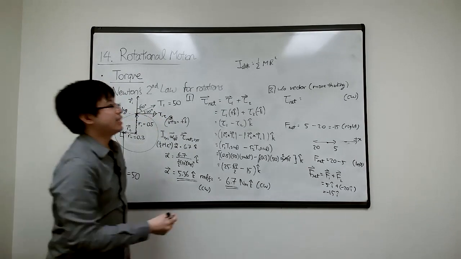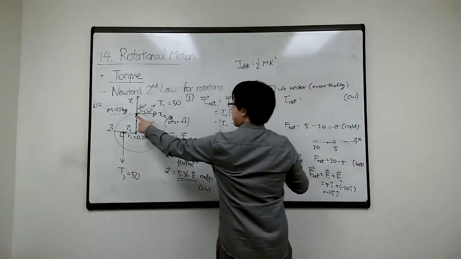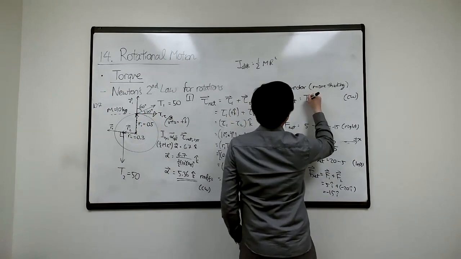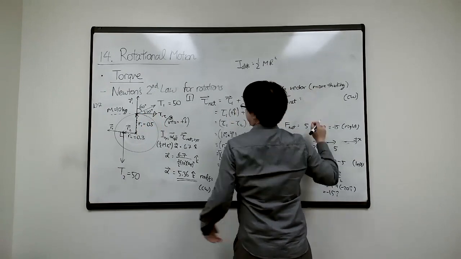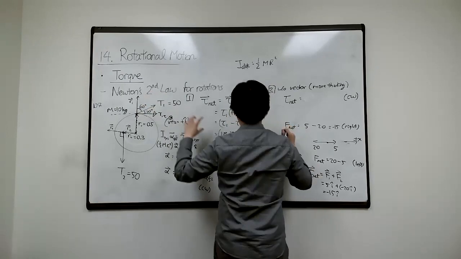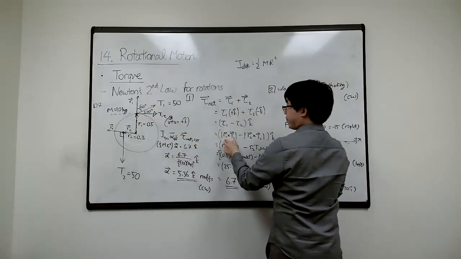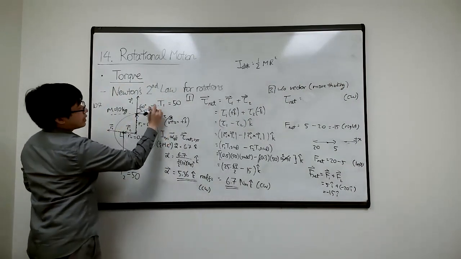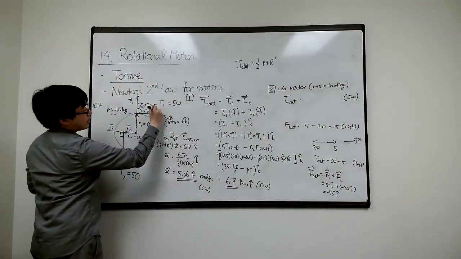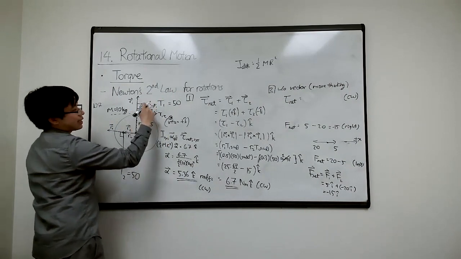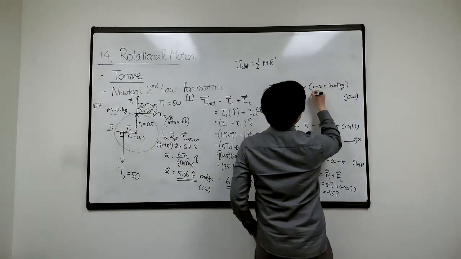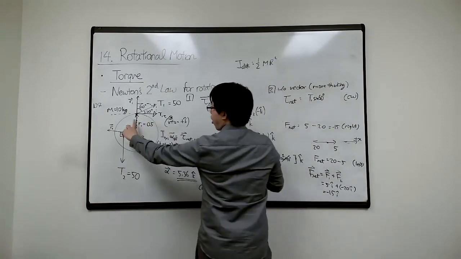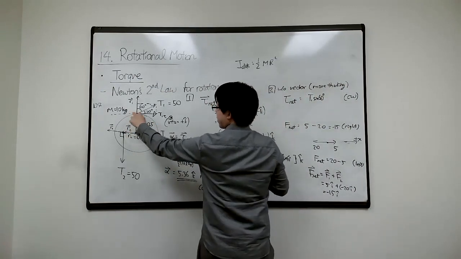It's T1t that is causing the clockwise rotation. So it's that times that. Essentially it's the magnitude of that, so you almost directly go into resolving this. So T1t is T1 sine 60 degrees. And R here is this one times this one.